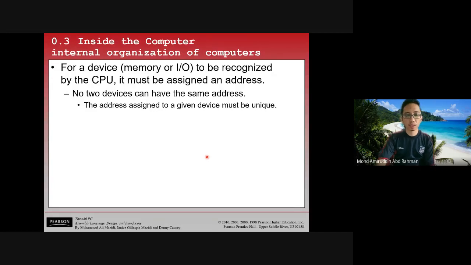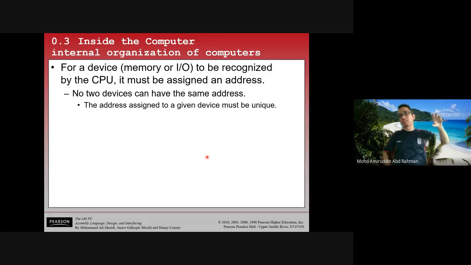For a device, whether it is a memory or input or output, to be recognized by the CPU, it must be assigned an address. It's like your house. You mentioned that a CPU is like UPM campus.